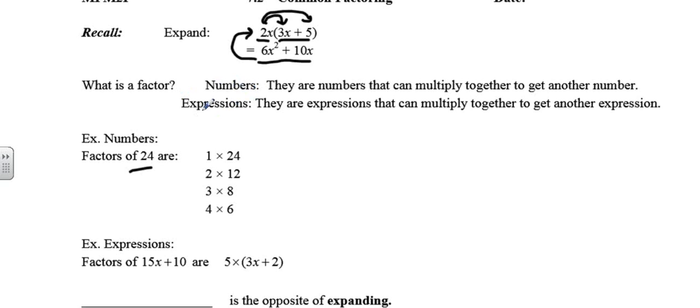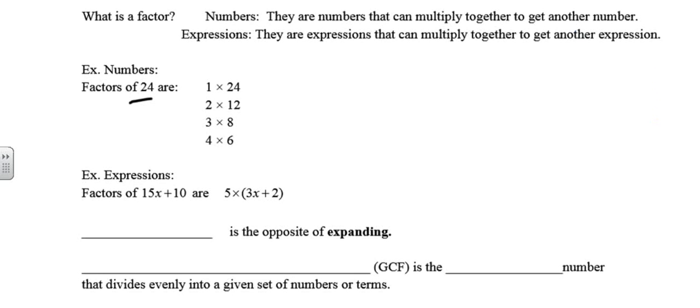But you can also have a factor of an expression. So for instance, I could give you this expression, which is a binomial, and I could say, what are the factors of this expression? And you would say, oh, well, 5 goes into that, and 3x plus 2 goes into that. And I know that seems strange. So this is our first factor, and this is our second factor.